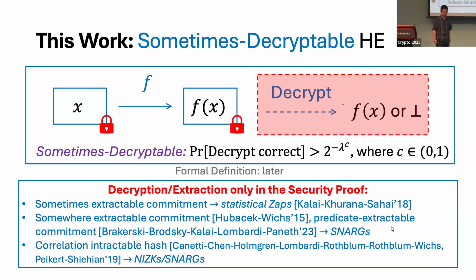And a similar construction is also in the recent works on SNARKs and NIZKs, where the correctness of somewhere extractable commitment or the correctness of FHE is only used to prove the security of NIZKs or SNARKs. So for this notion of sometimes decryptable homomorphic encryption, can we build them to support a large class of functionality from group-based assumptions?